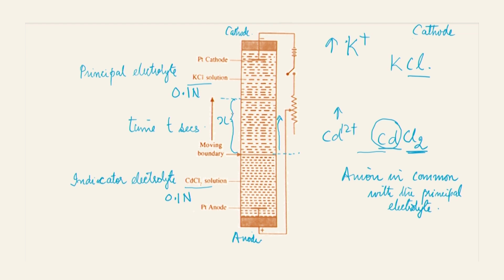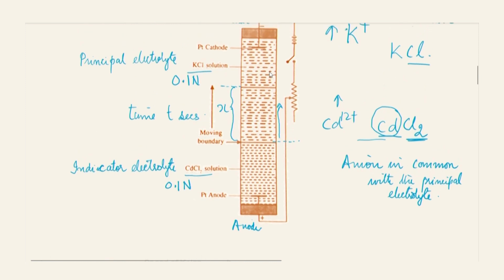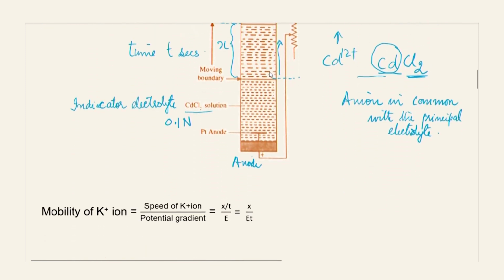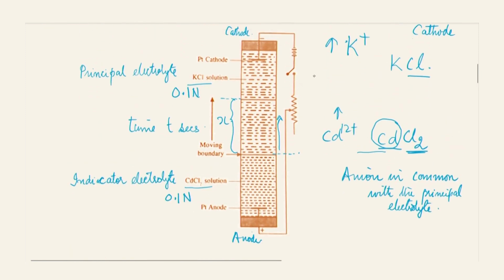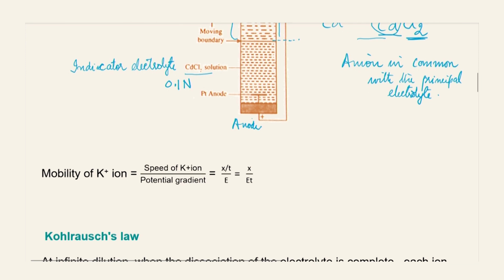Now, the potential applied is E volts, the potential gradient is E. Now, mobility of K plus ion is equal to speed of K plus ion divided by potential gradient.